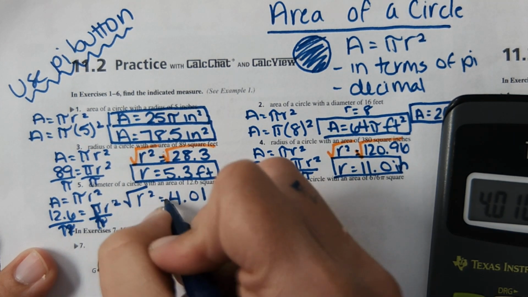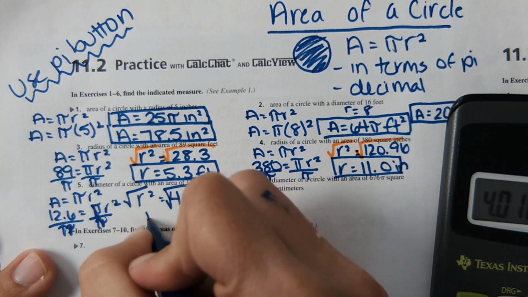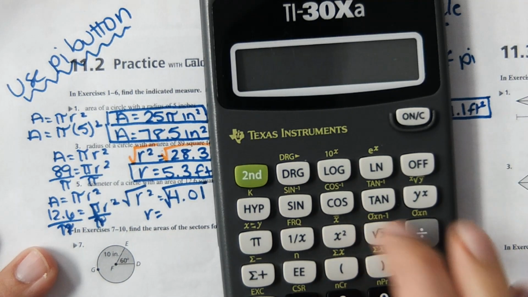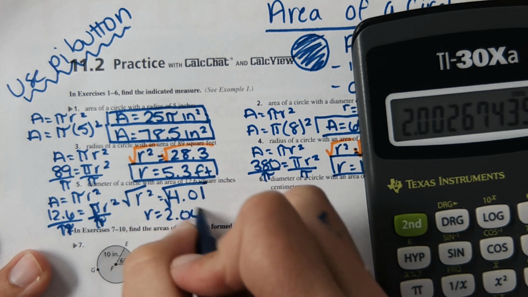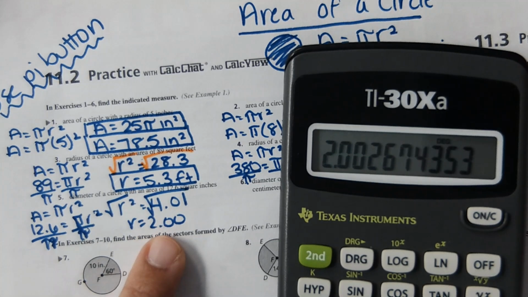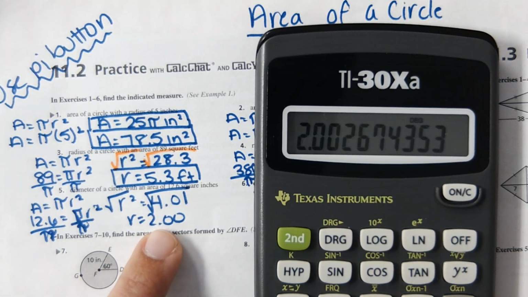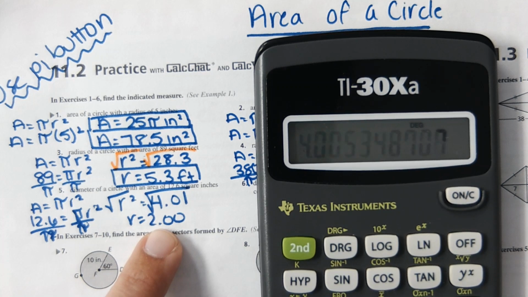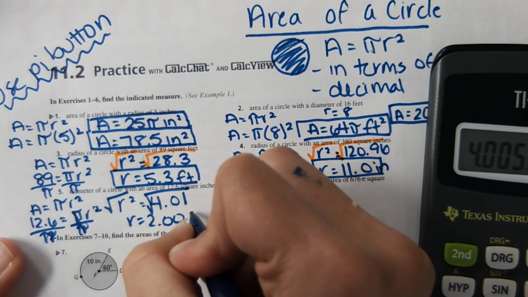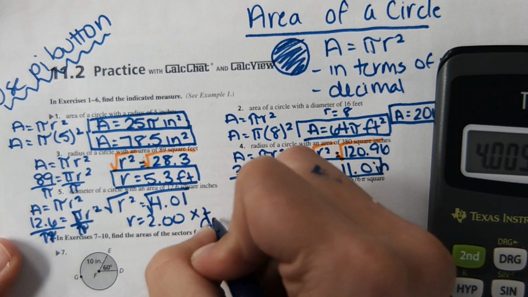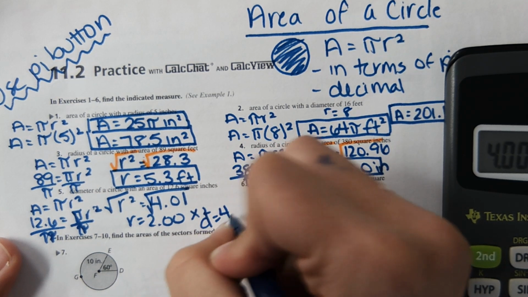Take the square root of both sides. R equals 2.00. And then to get diameter, we multiply that by 2. So times 2, and then diameter equals 4.01.